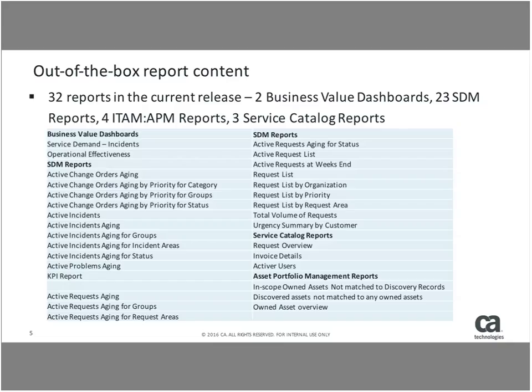There are a bunch of service catalog reports that were voted very high in the survey, and they are included. And then there are a bunch of asset portfolio management reports as well in the first content delivery. We do plan to add more content as we move down the line, but we wanted to include this limited but very useful content set to get started.